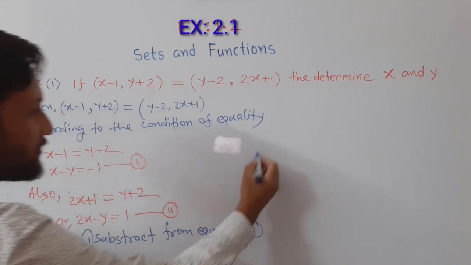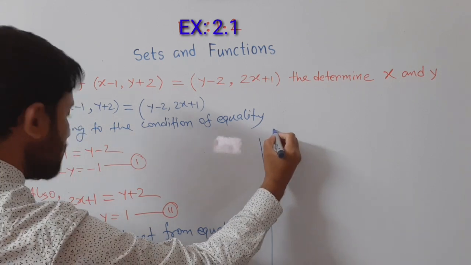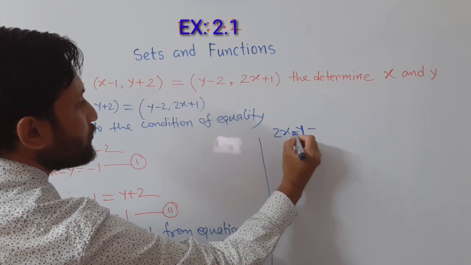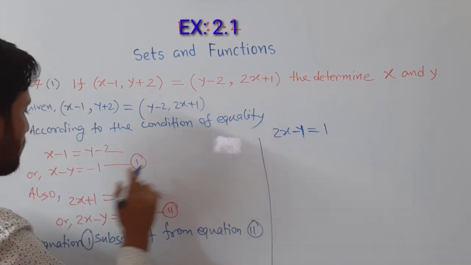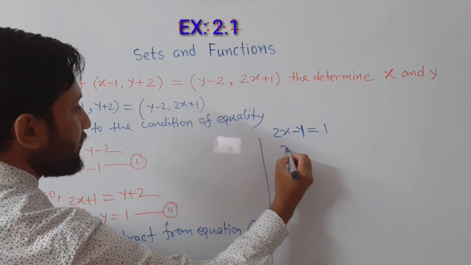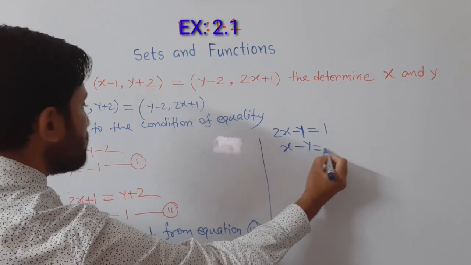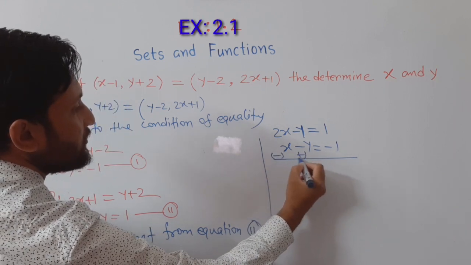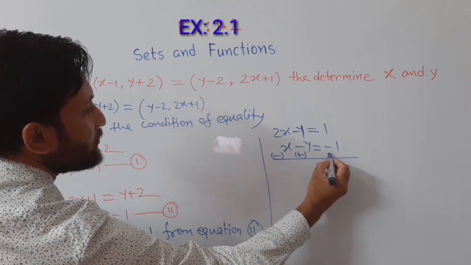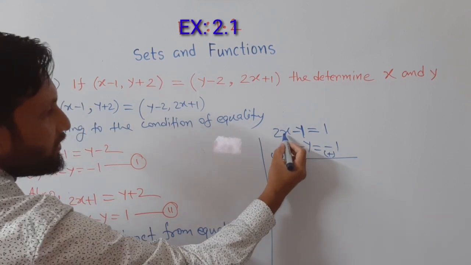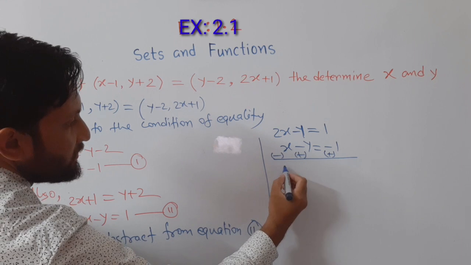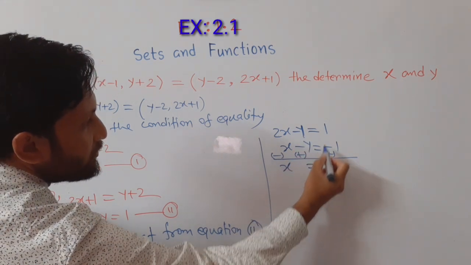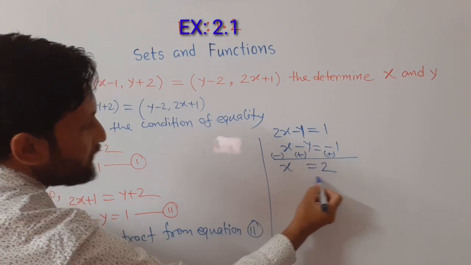So we can write down the equation: 2x minus y equal to 1, and then write the first equation, x minus y equal to minus 1. So subtraction, so the sign will be changed, and this is also plus 1. So write down here 2x minus x, that means only x, minus y and plus y vanish, and also 1 plus 1, that means 2. So x equal to 2.